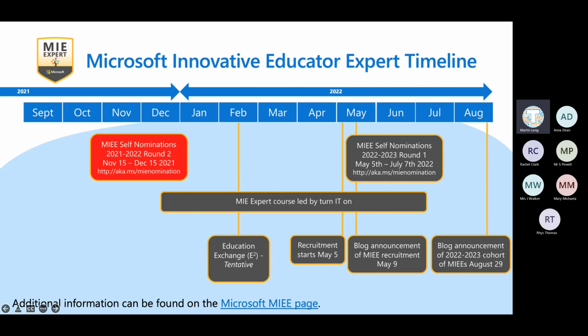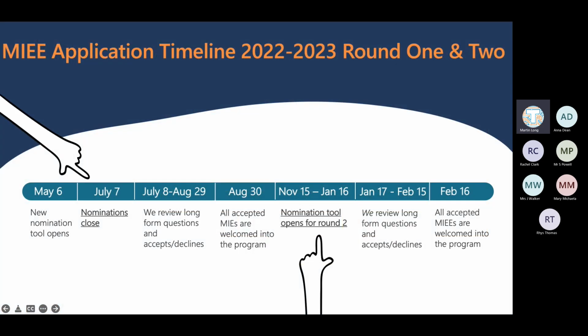And then Microsoft, towards the end of August, will have reviewed and assessed all of the applications from everybody globally, and then they will notify you if you've been successful. They also publish publicly an open list of everybody around the world for all the different countries who are a qualified MIEE, and you'll have that qualification for a year, and then you reapply if you think you need to. So that's the same thing in a different sort of timeline.